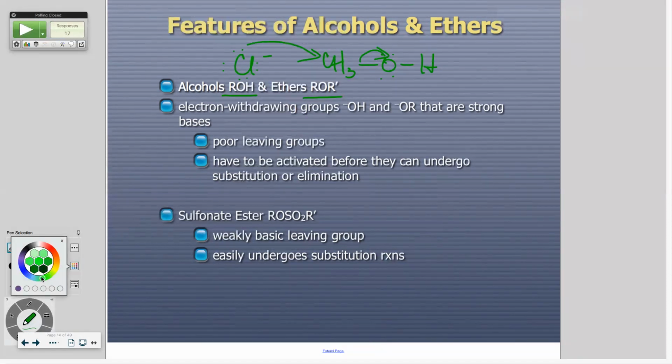I'm trying to make this work, okay? So this does not happen, okay? Okay, strong bases are poor leaving groups. Weak bases are good leaving groups. Okay, so what we have to do is somehow activate them before they can do substitution or elimination.